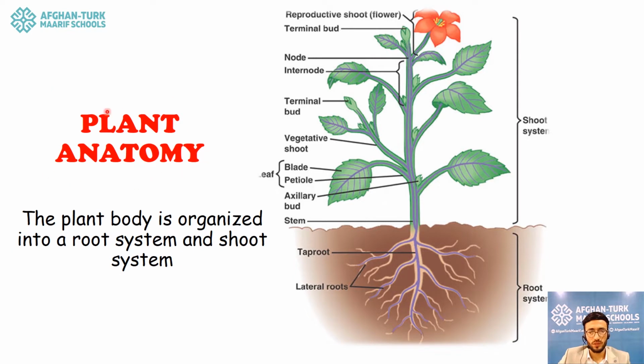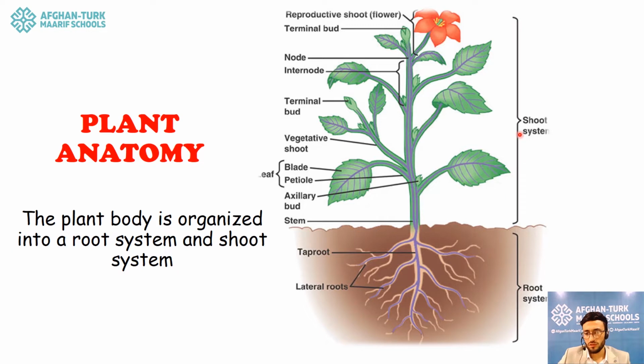In plant anatomy, we can divide the entire body of the plant into two systems: the shoot system and the root system. Inside the root, which you can find inside the ground, they possess the tap root, the main root, and the auxiliary root. Also, they are called hairy roots.